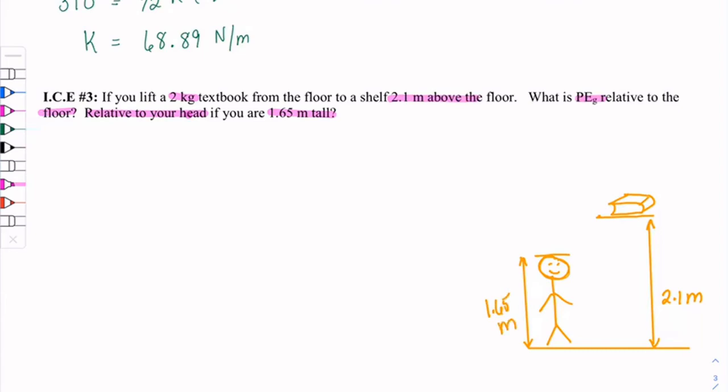So the first question says, what is the gravitational potential energy relative to the floor? So let's do that. Let's say, how much potential energy does this book have relative to the floor? Let's calculate that. So we're going to do PEG for the floor equals MGH.